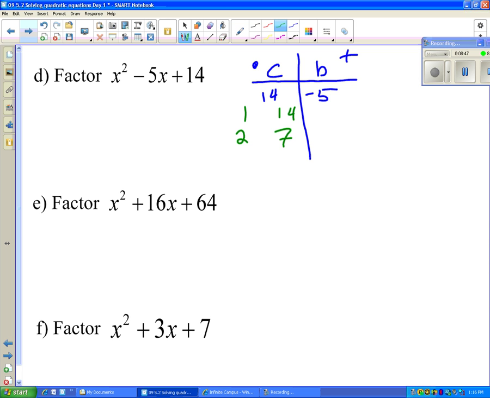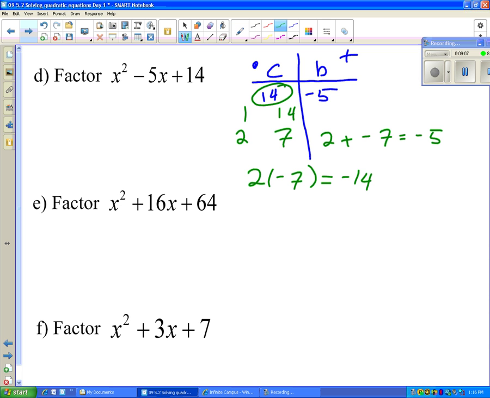Well, 1 and 14 won't give me 5. If I have 2 plus a negative 7, that will give me negative 5. But here's the problem. 2 times a negative 7 is negative 14, not positive 14 like I want.